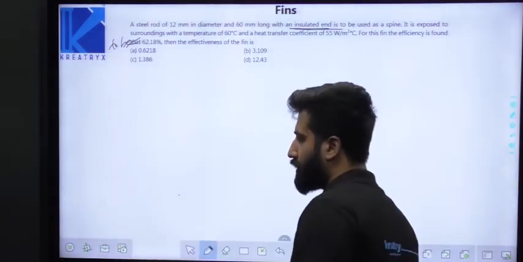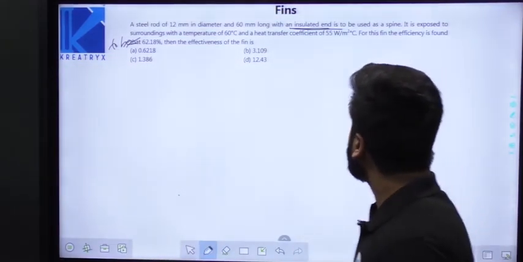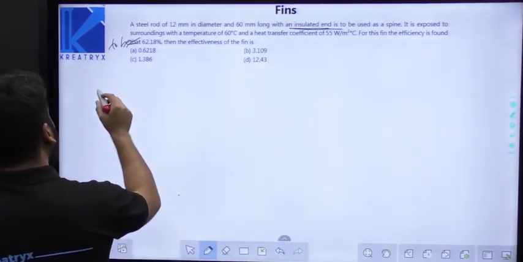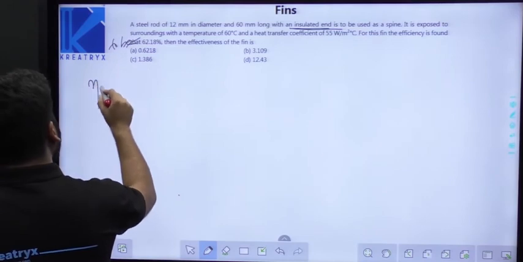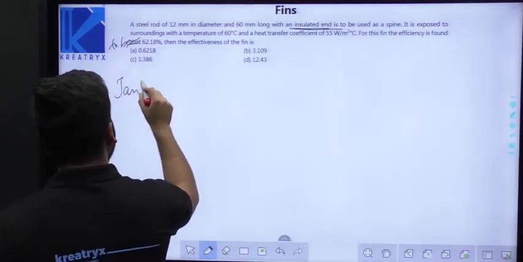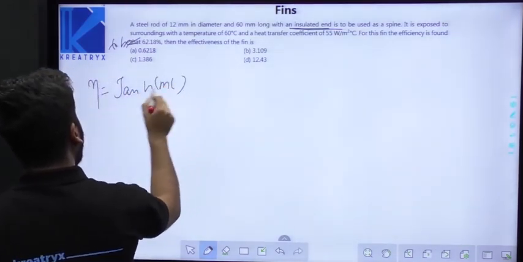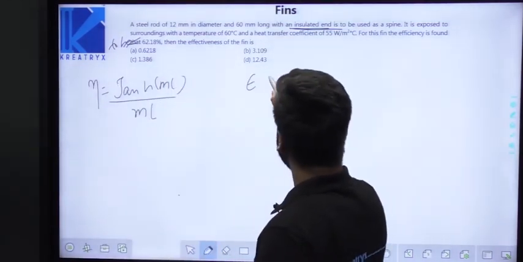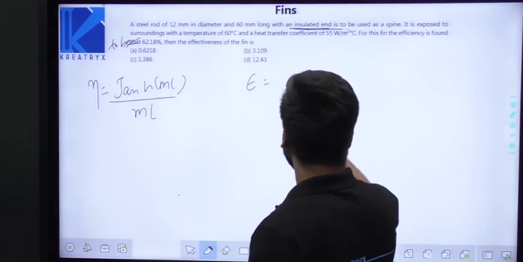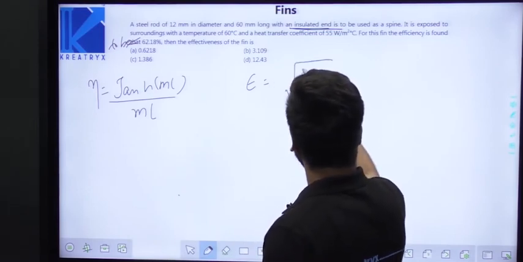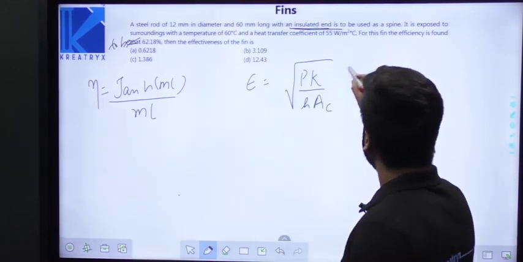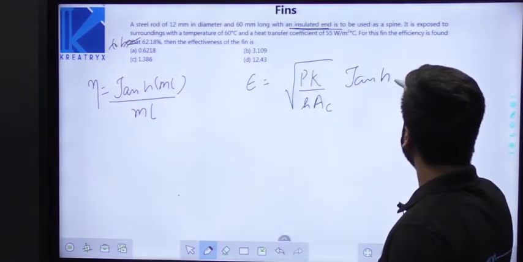If you have attempted this yourself, for insulated tip fin, efficiency is tanh(ml) upon ml, and effectiveness for insulated tip fin is root pk by hAc into tanh(ml).